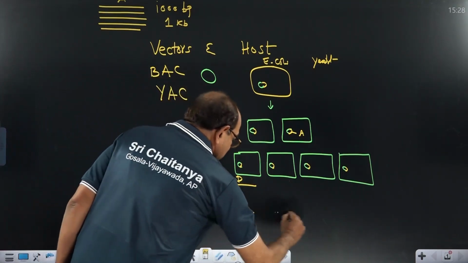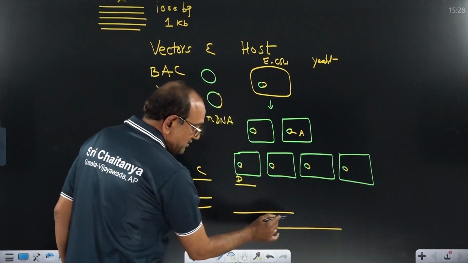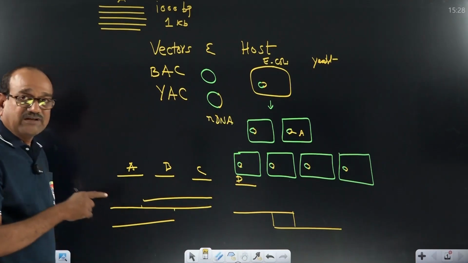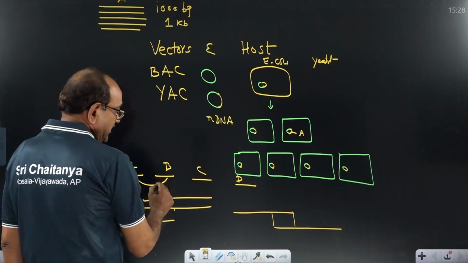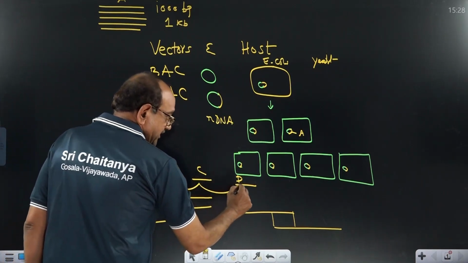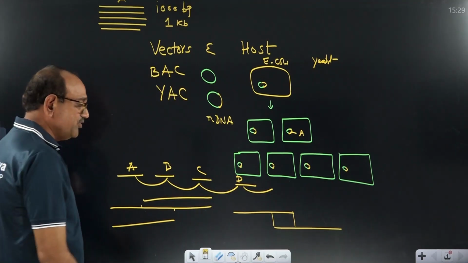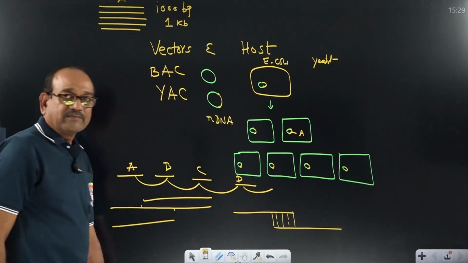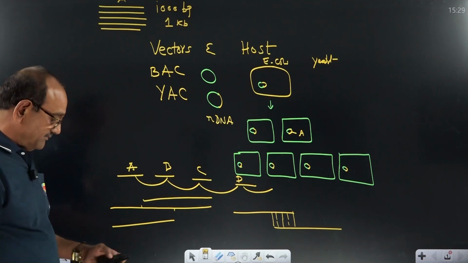One fragment is like this, one more fragment is like this, and these are the overlapping fragments. A computer recognizes these overlapping fragments and arranges them in the correct order, A, B, then D, like this. So this arrangement is possible only based on the overlapping sequences, right? So this is the DNA sequencing method.